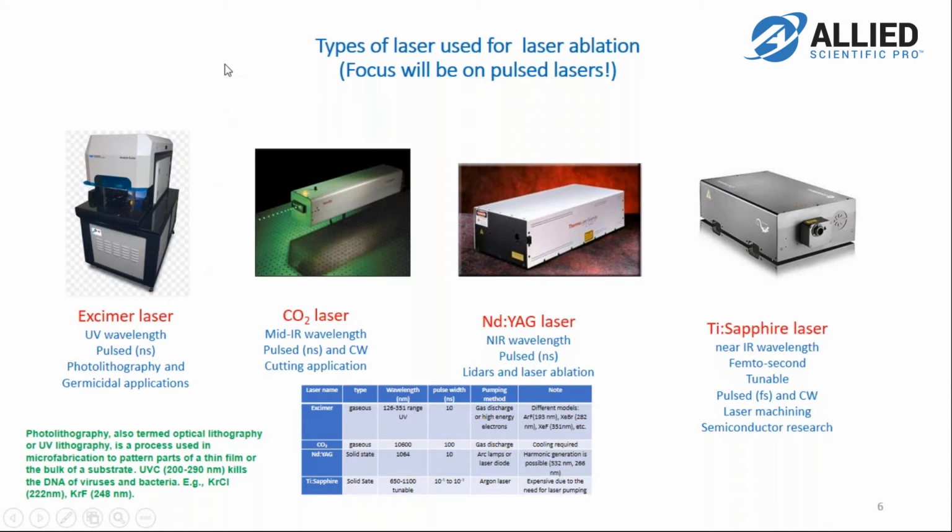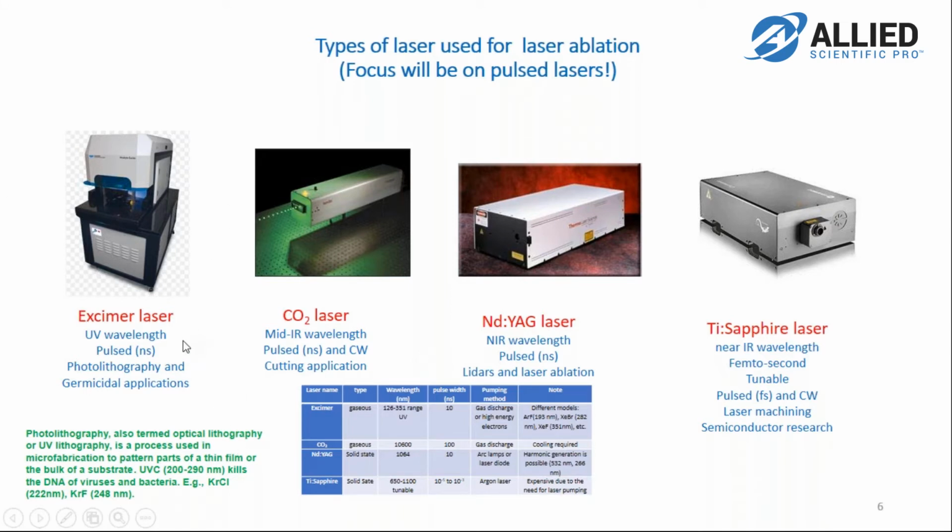So the idea would be to pump this medium to create population inversion. And there are different pumping techniques, such as electrical or using flash lamp or high energy electrons or another laser, basically. And this way you can get the laser emission.